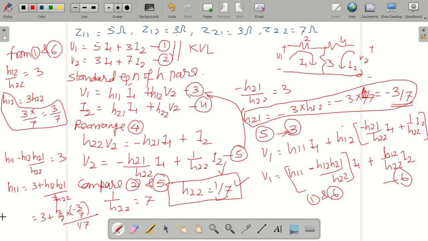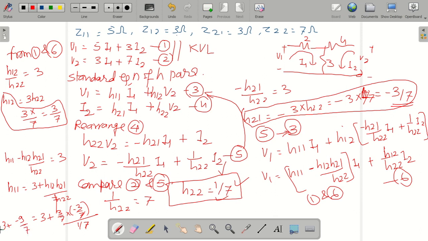So you will get 3 plus 3 by 7 into minus 3 by 7 over 1 by 7: 3 into 3 is 9, and the 7 cancels. So 3 minus 9 upon 7.